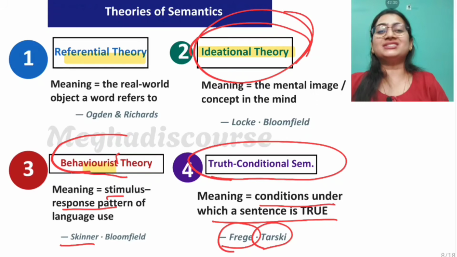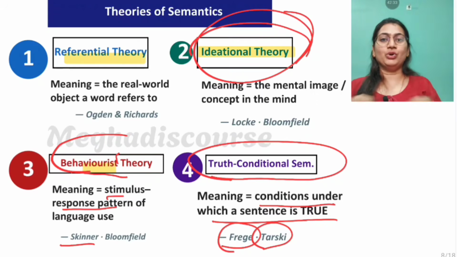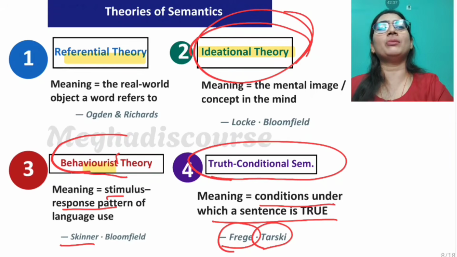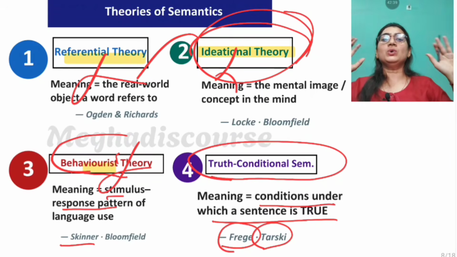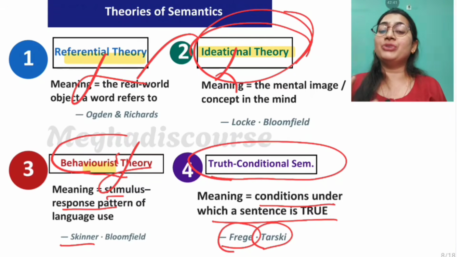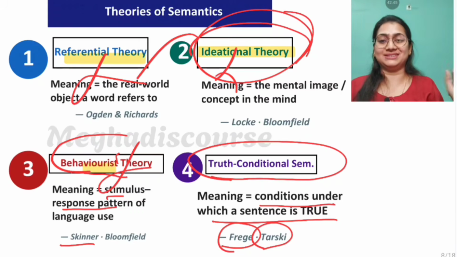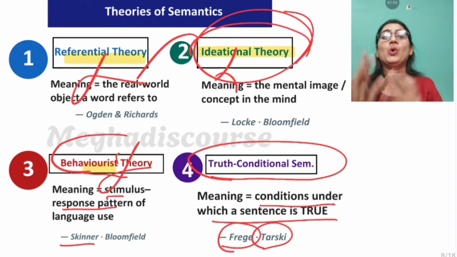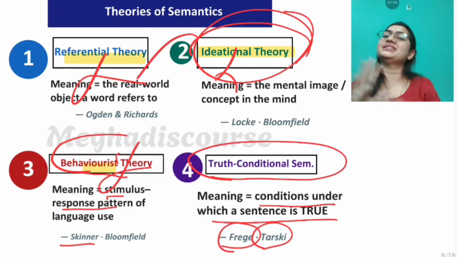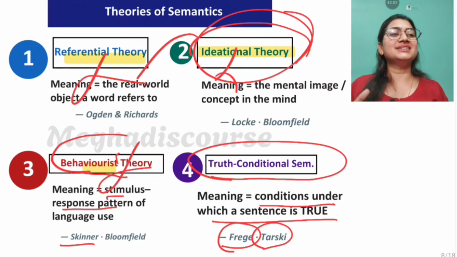Just forget about objects, forget about the mental image, and forget about behavior. Just forget about all this theory. Now, they asked a completely different question. How do we know what a sentence means? In other words, understanding the meaning of a sentence is knowing when it is true and when it is false.